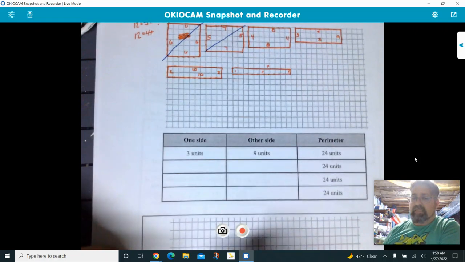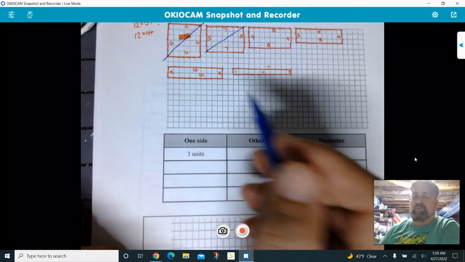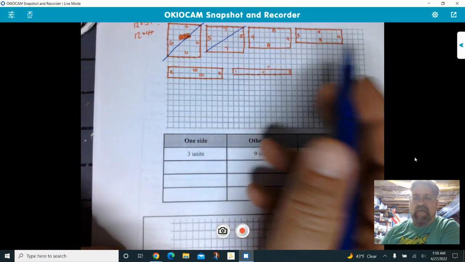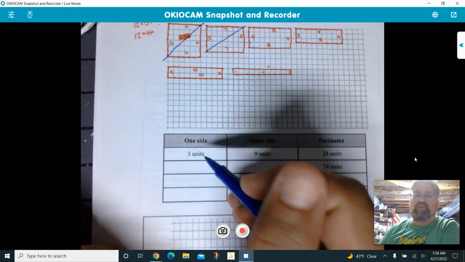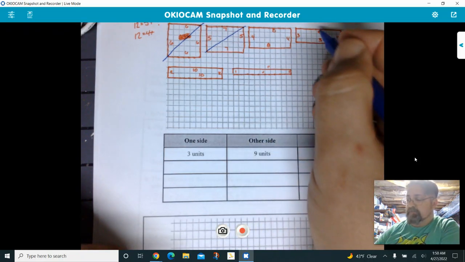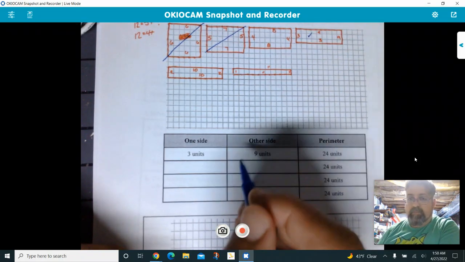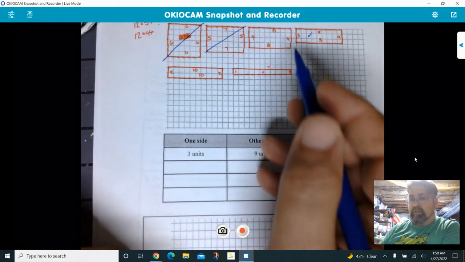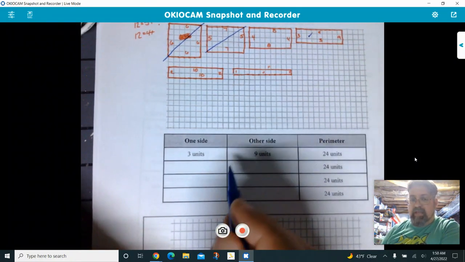Down here, pick one of your rectangles. Doesn't matter which one. They've already chosen the one that has 3 units by 9 units, so we can't use that one again. We do the one next to it, 4 by 8, right?